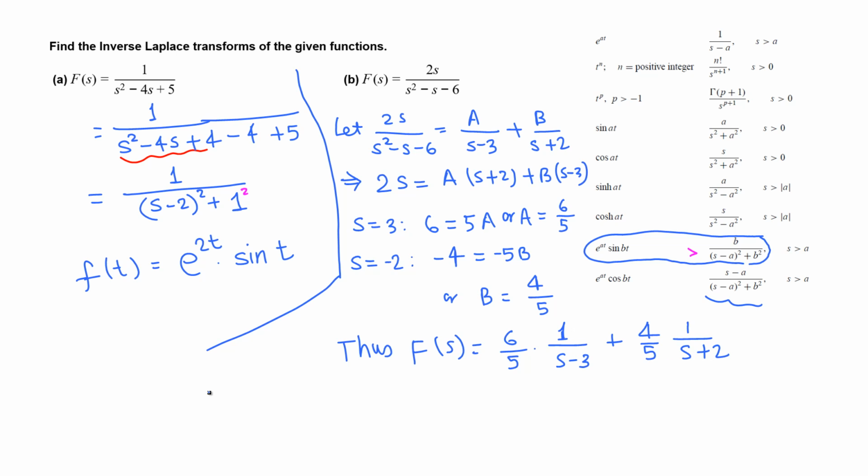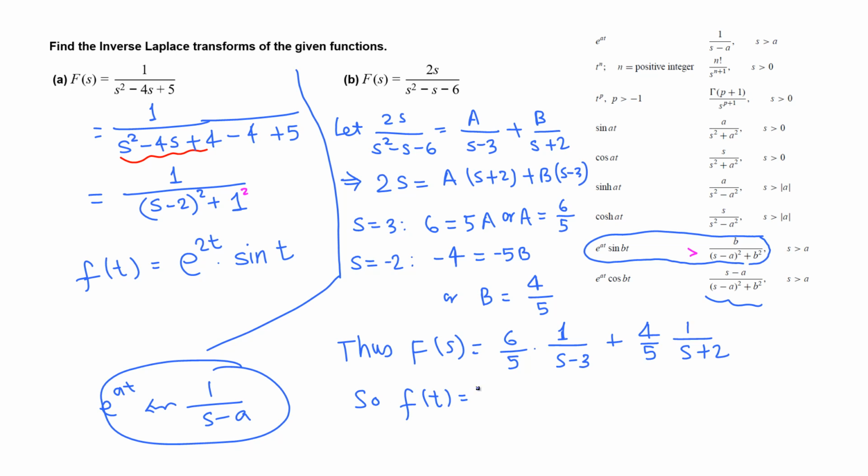Now this is in the exact form of 1 over s minus a, whose inverse Laplace is e^(at). So our answer is 6 over 5 times e raised to 3t, plus 4 over 5 times the inverse Laplace of 1 over s plus 2, which is e raised to negative 2t. Okay, s minus negative 2, so negative 2t. Final.